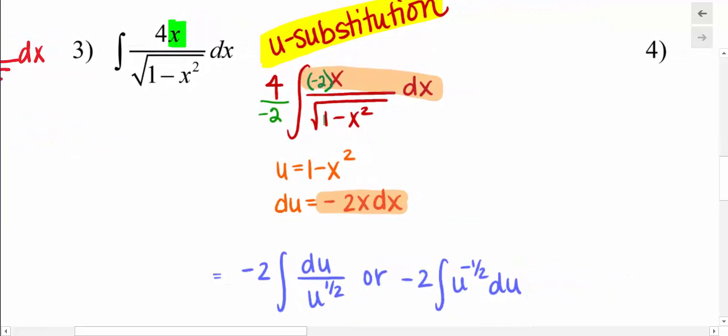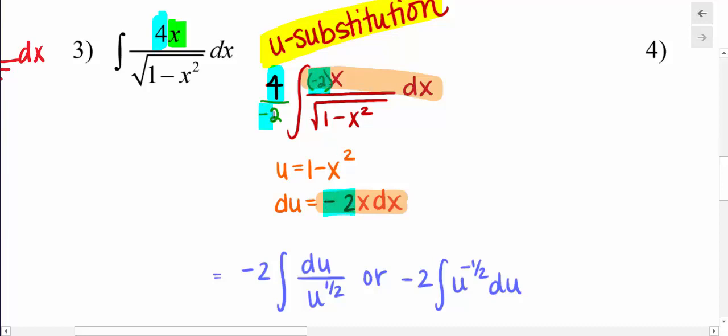So if I let the 1 minus x squared be my u, my du is negative 2x dx. And again, if it doesn't match exactly with what I have here in that numerator for a constant, go ahead and pull that coefficient out front. It's just your constant coefficient. So that can come out front. I need a negative 2 inside.